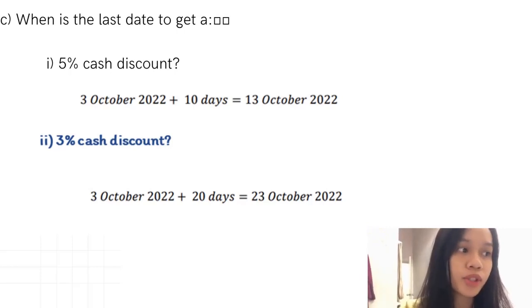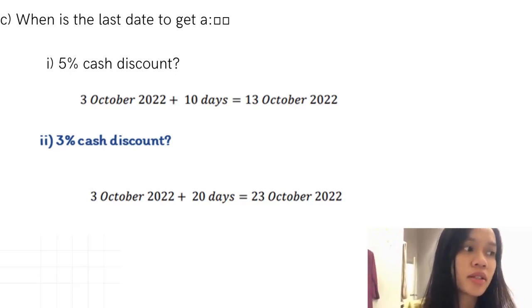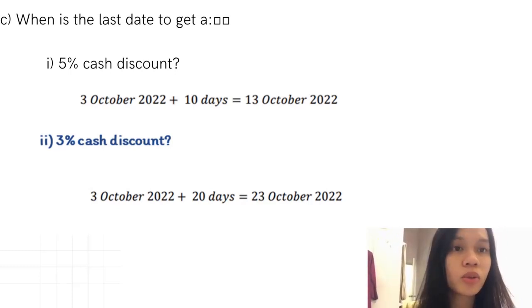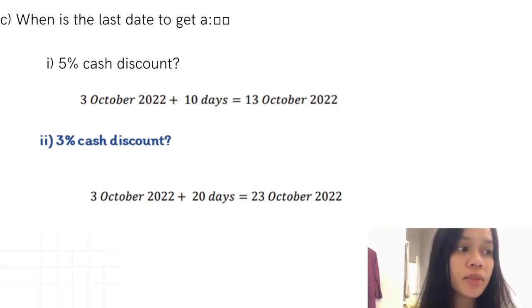For the first question, the last date to get a 5% cash discount is 13 October 2022. How did I get 13 October 2022? It's because I add 3 October 2022 with 10 days.